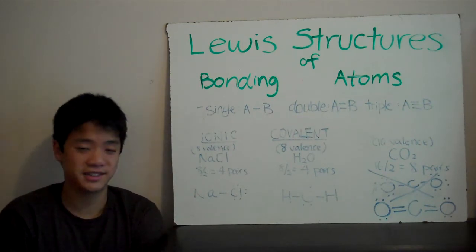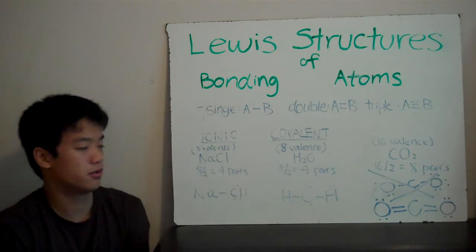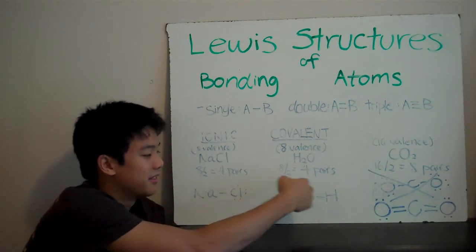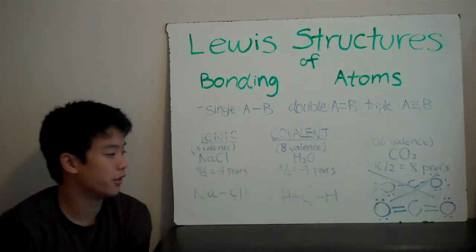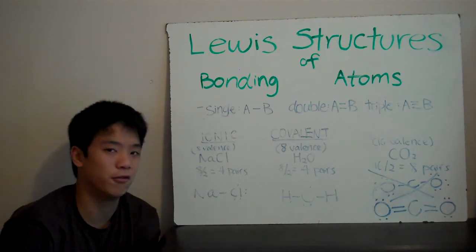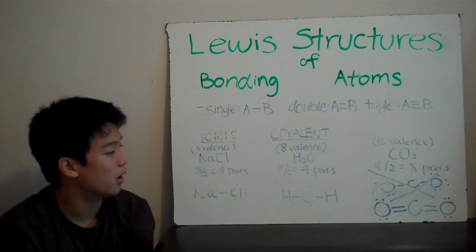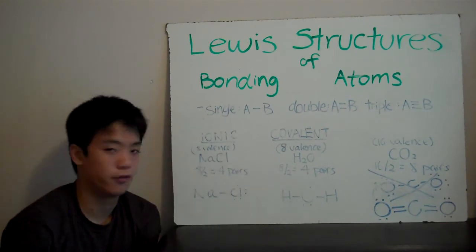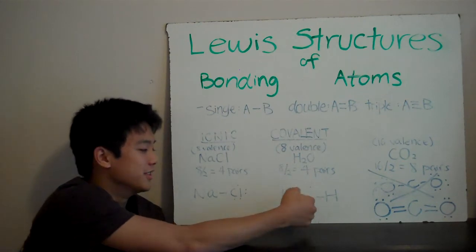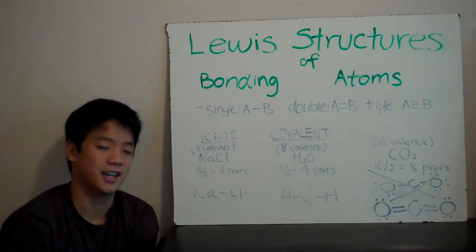So we start out by drawing the rough skeleton of H2O, and that would be an O in the center and 2 H's on the sides. Since hydrogen only has 1 valence electron, it can only have one single bond and no free electrons. So we can confidently draw one single bond on each side, bonded to the central oxygen atom.